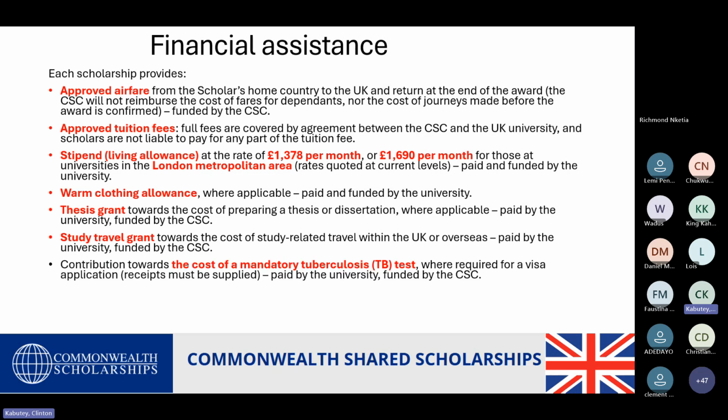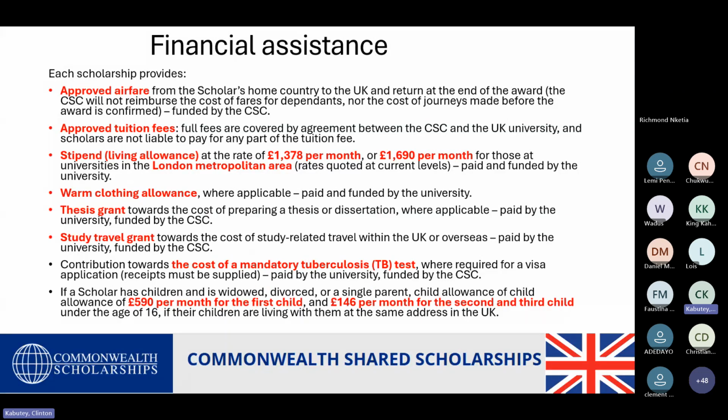And then we also have a TB test that is supposed to be done in your home country before going to the UK. It's a mandatory test that you need for your UK visa, and it's about £100. When you get back to the UK, hopefully you'd be refunded.